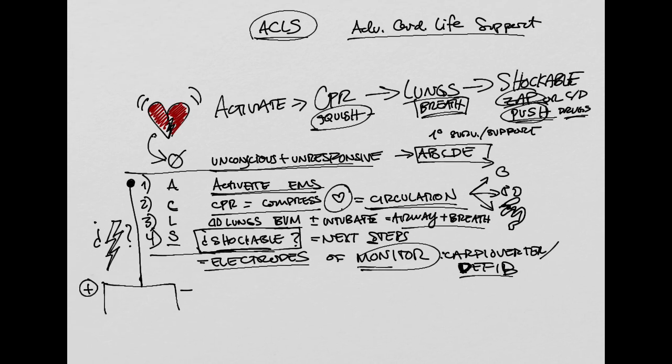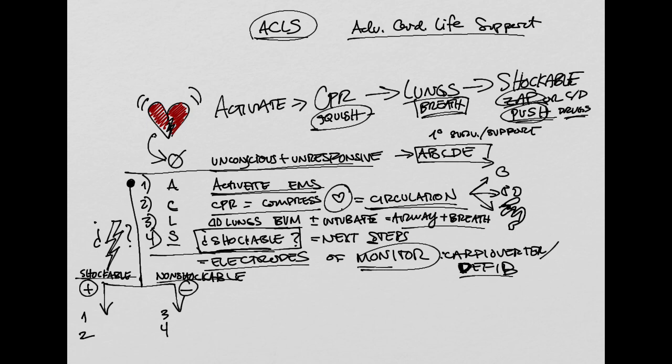Shockable or not shockable. And what do those mean? So there's basically 4 rhythms we need to know. 1, 2, 3, 4. The shockable ones over here versus the non-shockable. And we'll get those done, and then we're done with this little module.